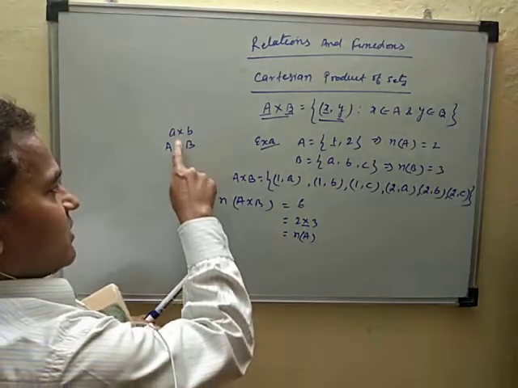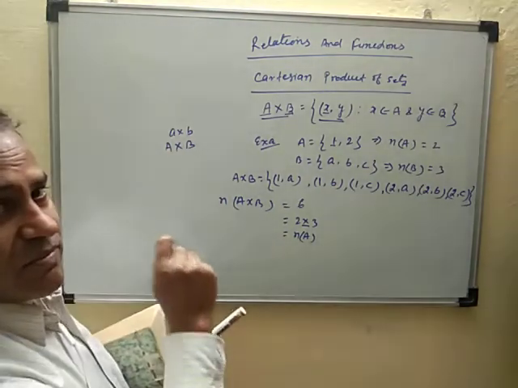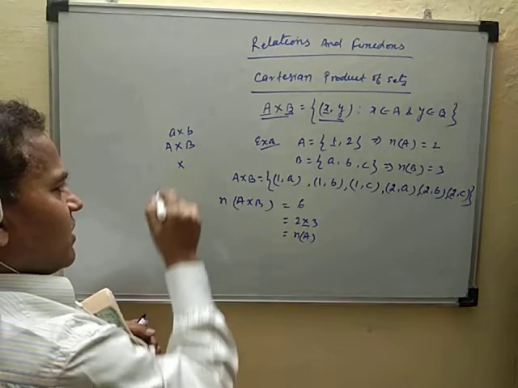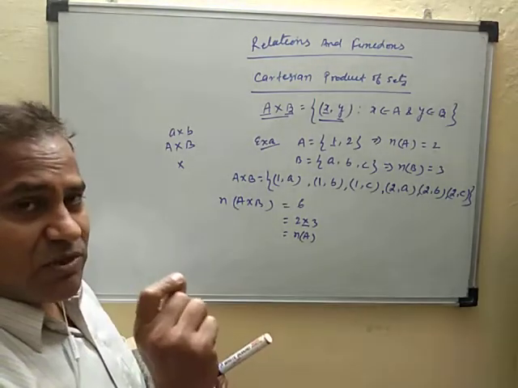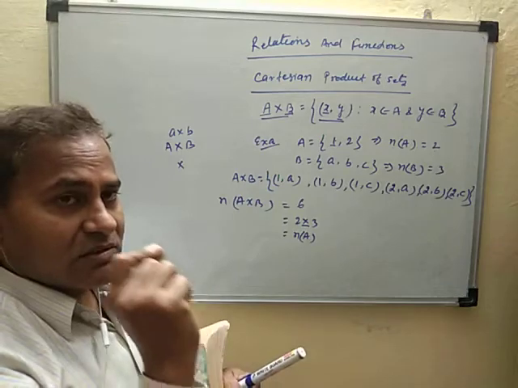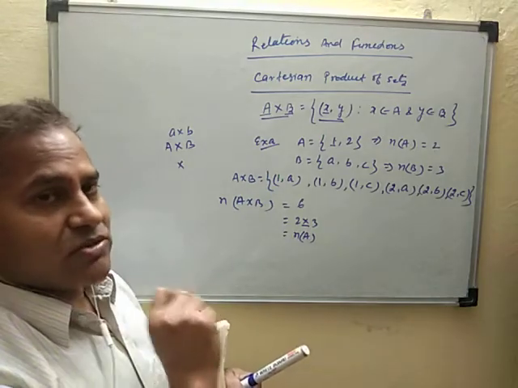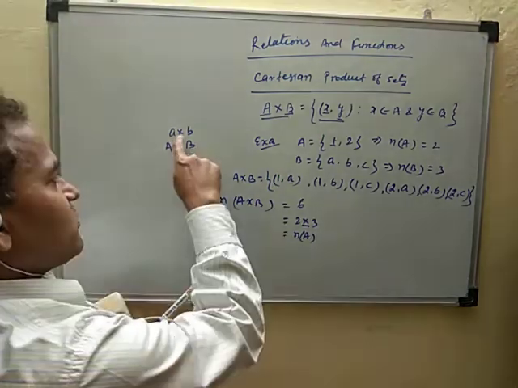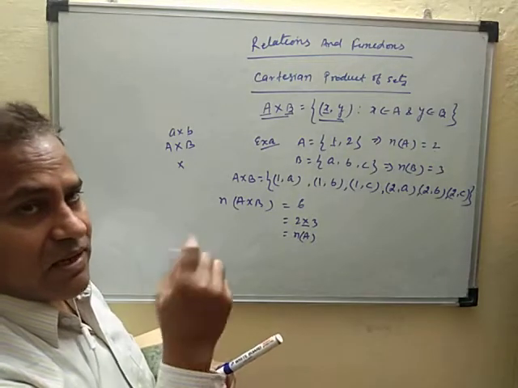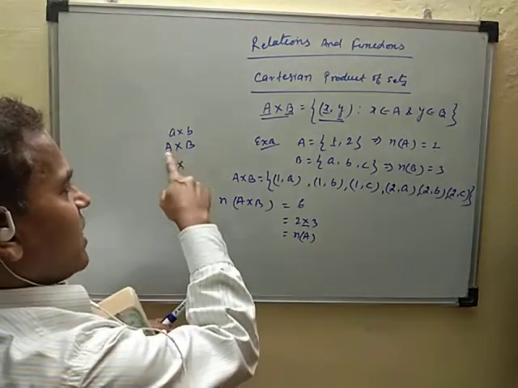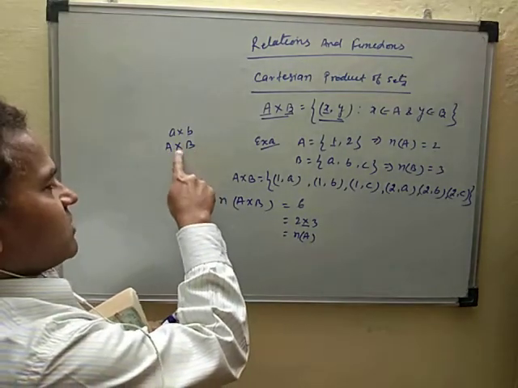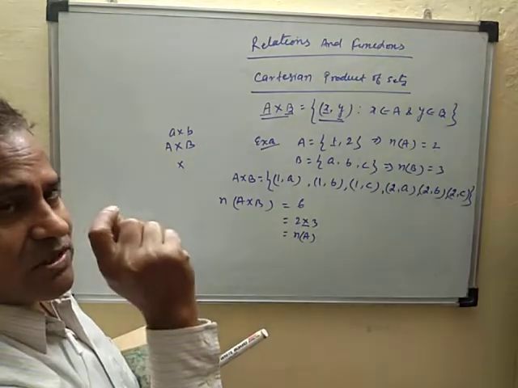Both are the same symbol, where this symbol lies between two sets, that is read as cross, and when it lies between two numbers, it is read as multiplication. So here A and B are two sets, so this symbol is read as Cartesian, that is cross.